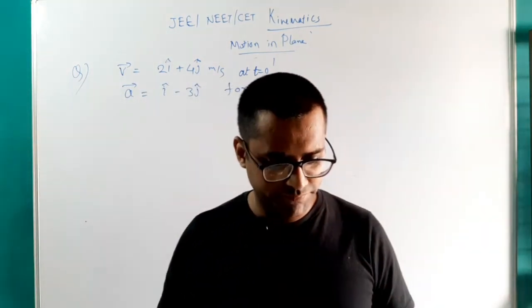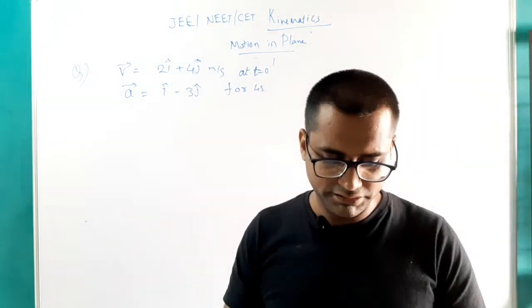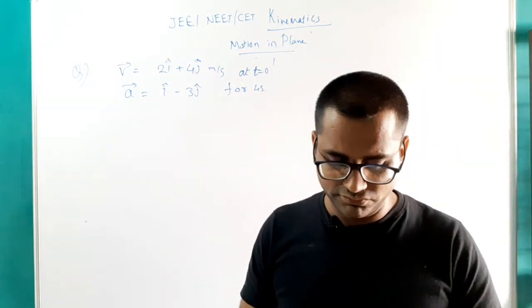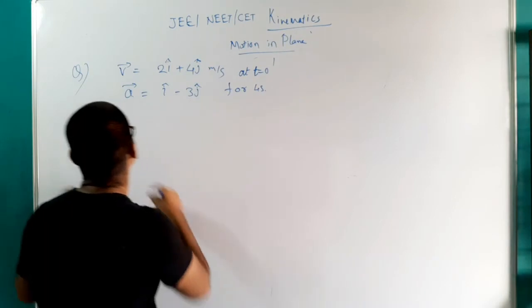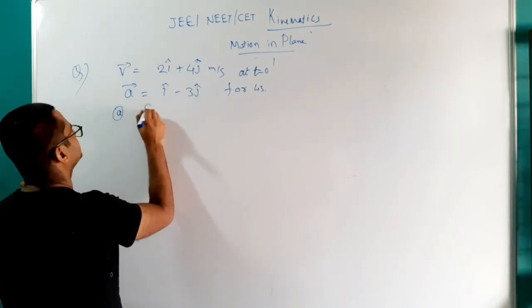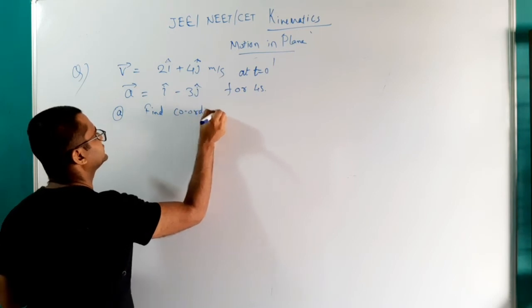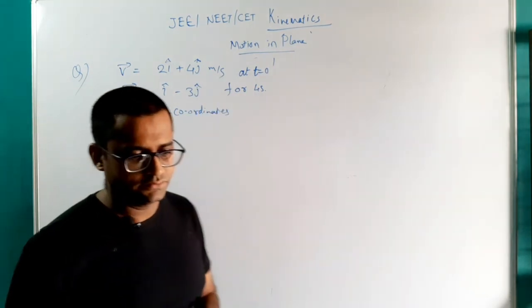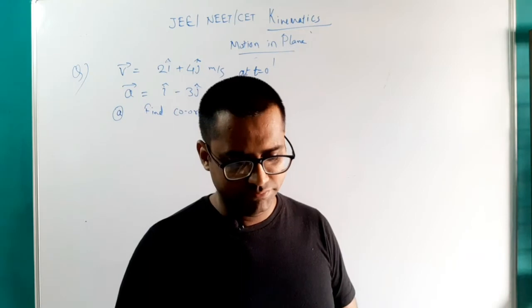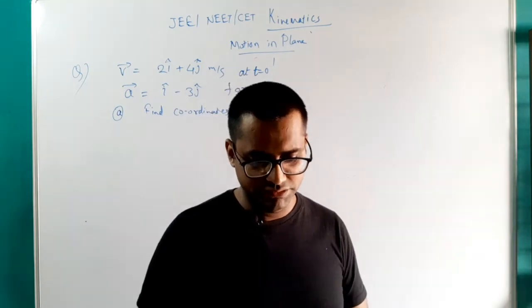Now the first part is: find the coordinates of the object if it is at origin at t equal to 0.